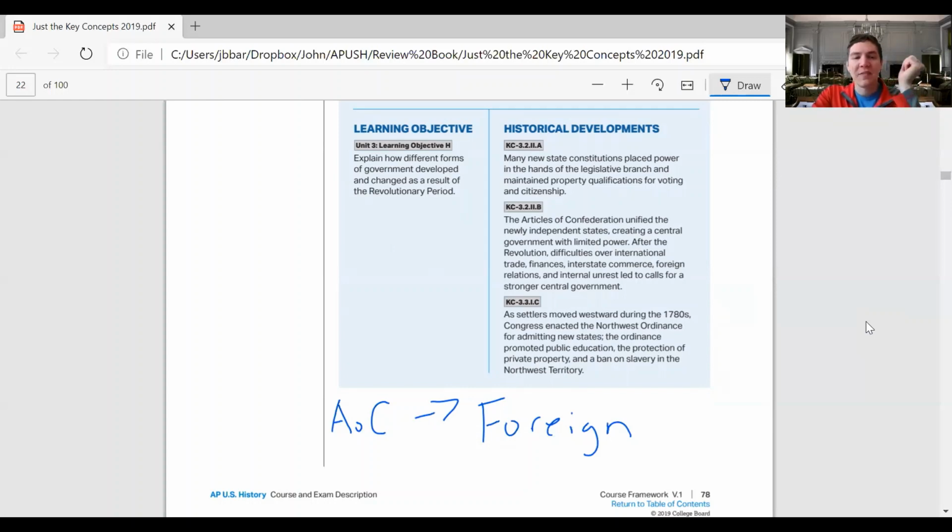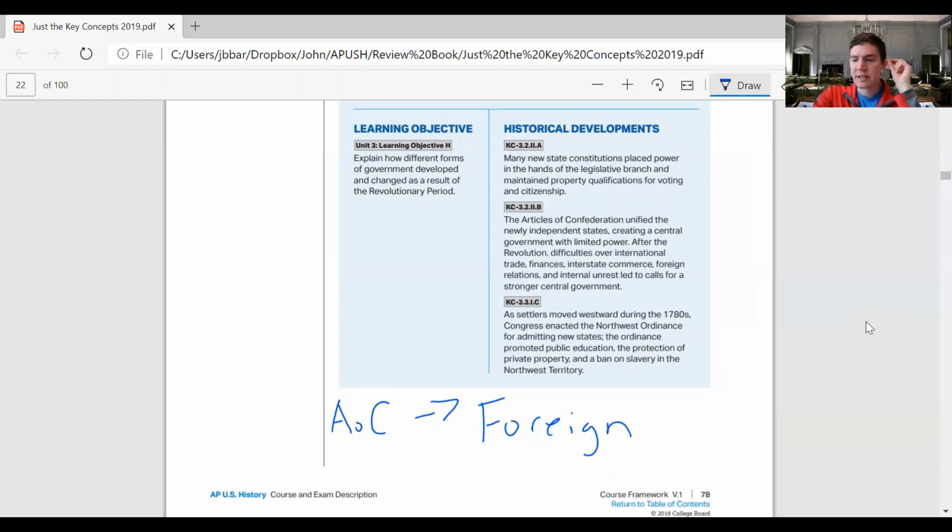However, it doesn't have a lot of power with stuff inside the United States. If there's a problem in the United States, like interstate commerce, or if there's a rebellion, it doesn't have a lot of power to deal with those things because the Articles try to give a lot of power to individual states. And if individual states don't want to deal with something, it's very hard for the central government to do it.